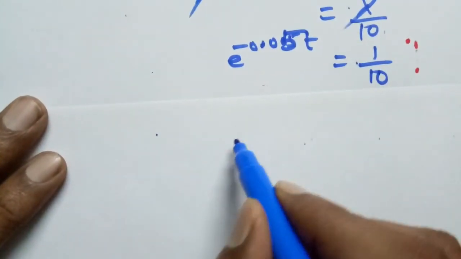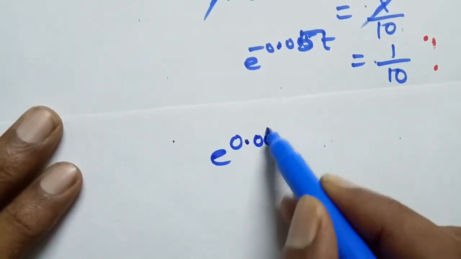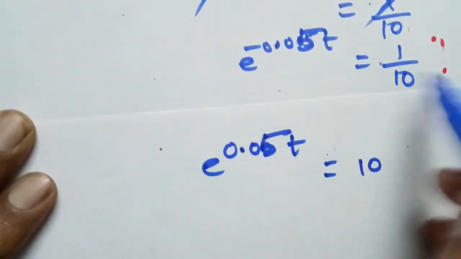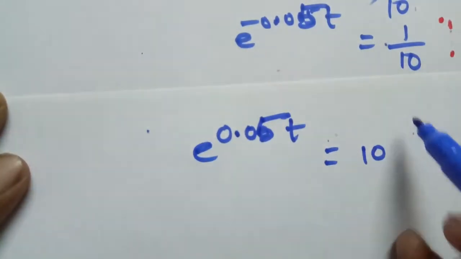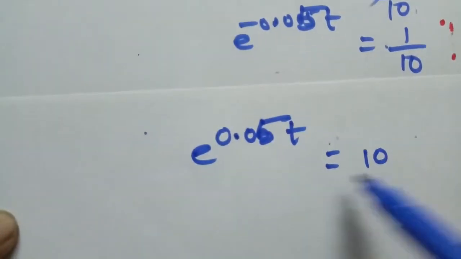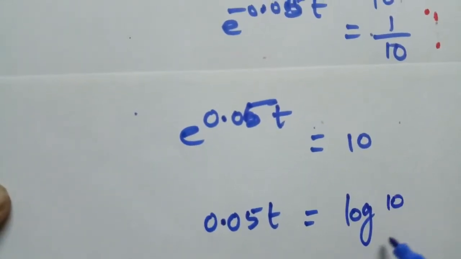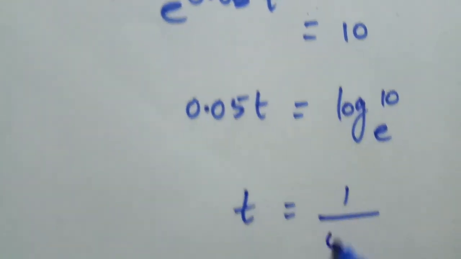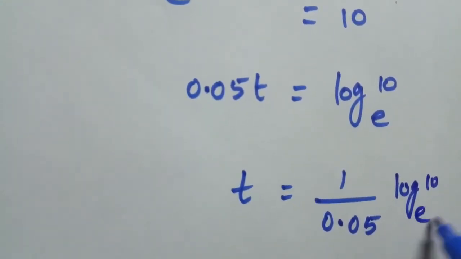This can be written as e to the power of 0.05t is equal to, taking the reciprocal on both sides. So reciprocal of this one is e to the power of 0.05t. Reciprocal of 1 by 10 is 10. Therefore, by applying the logarithmic definition, 0.05t is equal to log 10 base e. Therefore, t is equal to 1 by 0.05 into log 10 base e.